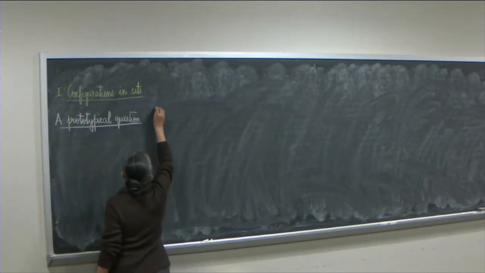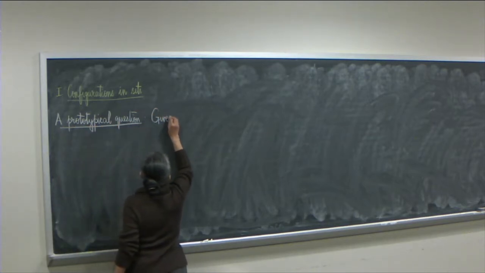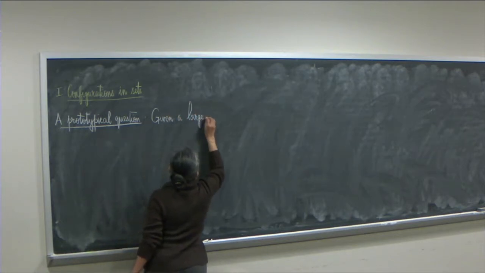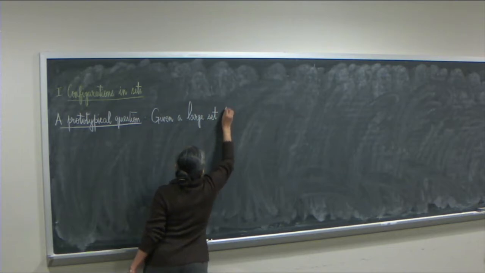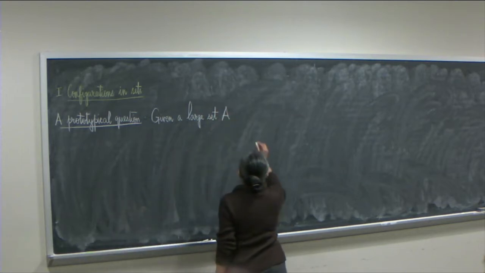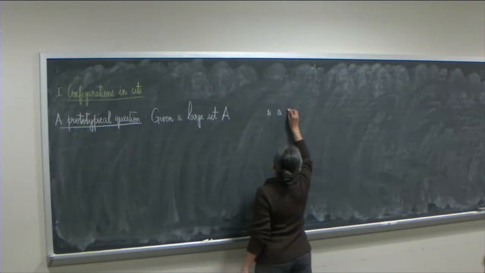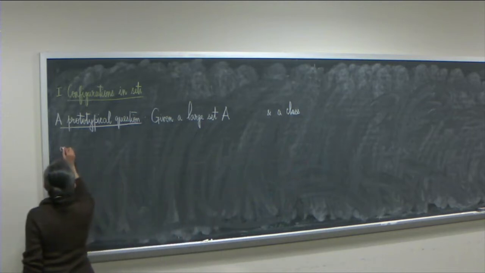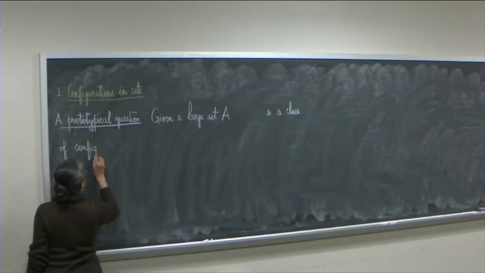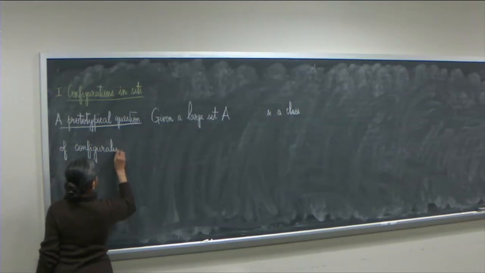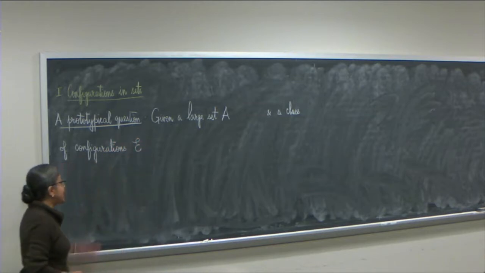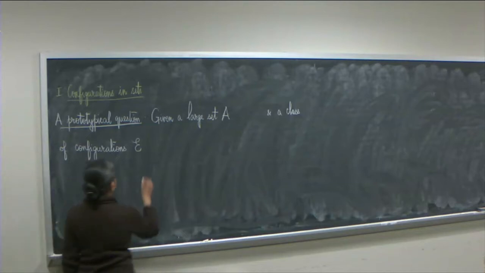Given a large set A, and a class of configurations E, does A contain a configuration from E?